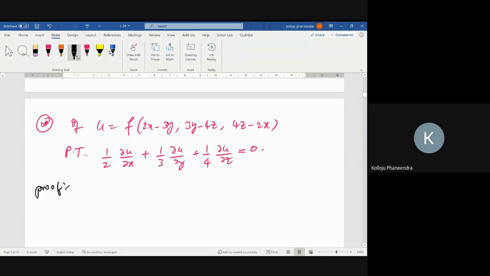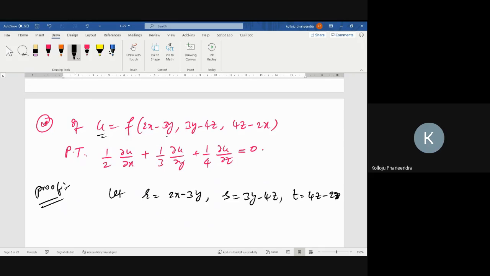See, u is a function of how many variables? u is a function of x, y, z. So I'm taking first, let r equal to 2x minus 3y. Next, s equal to 3y minus 4z. And t equal to 4z minus 2x.